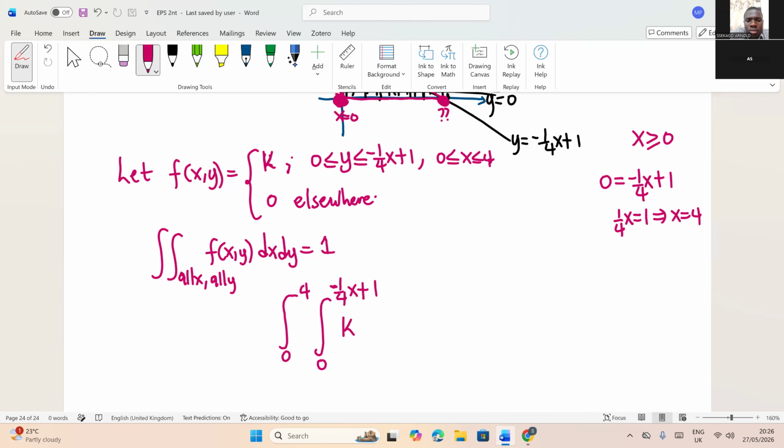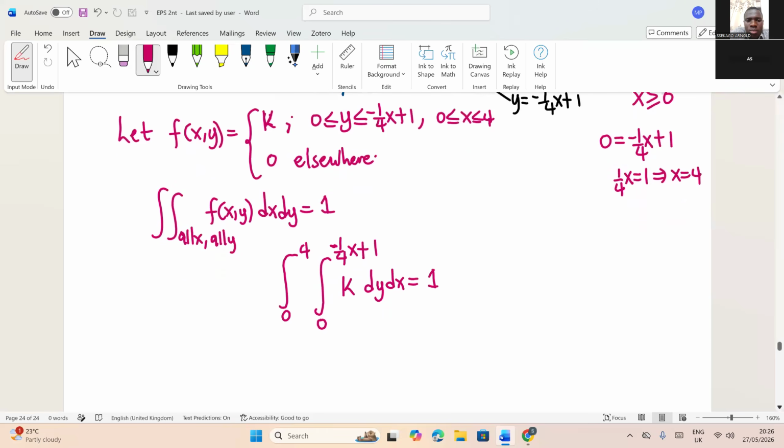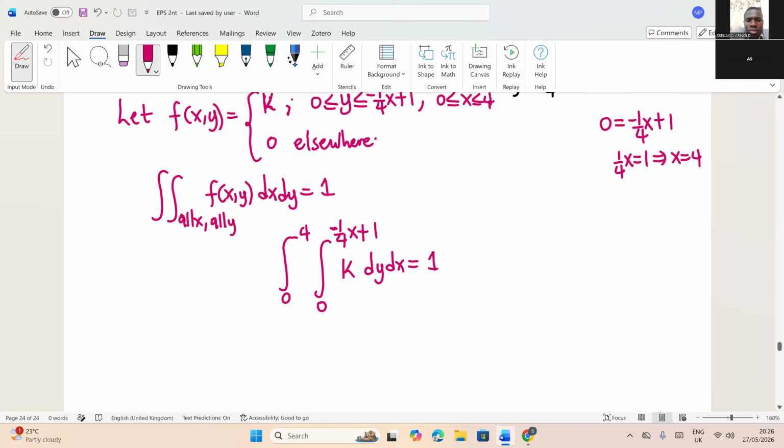I have started with limits of y, so this is dy dx, and this is equal to 1. K is a constant, so I first integrate with respect to y. Integrating with respect to y, I get y times k, with limits 0 to negative a quarter x plus 1, dx. This is equal to 1.